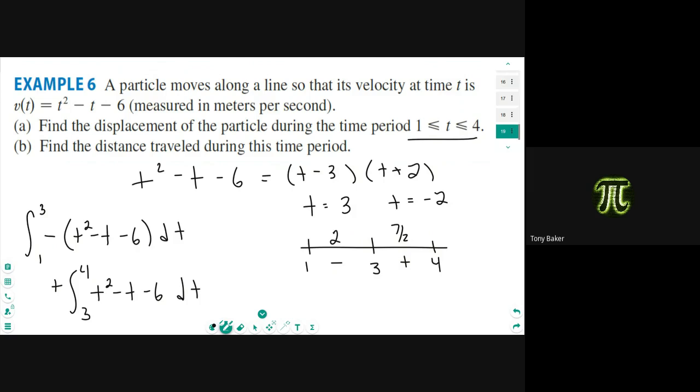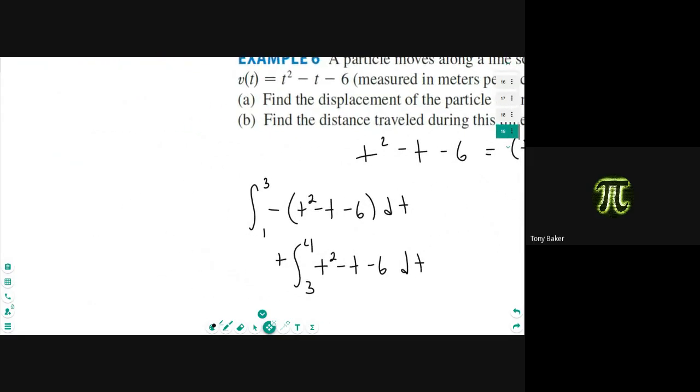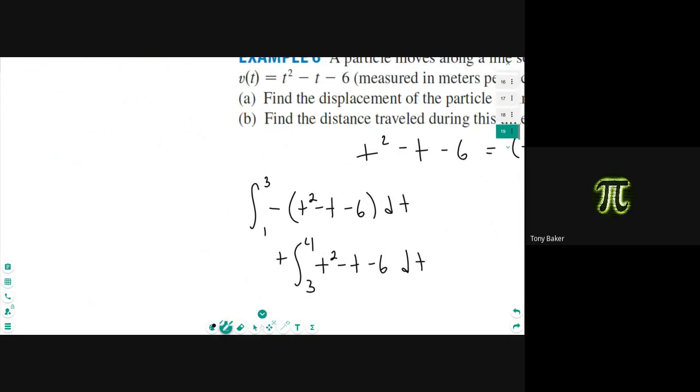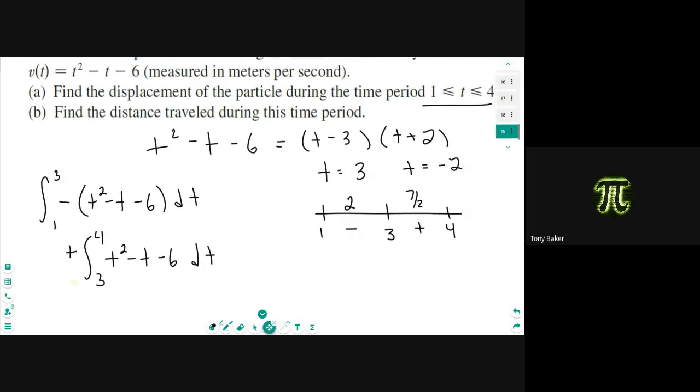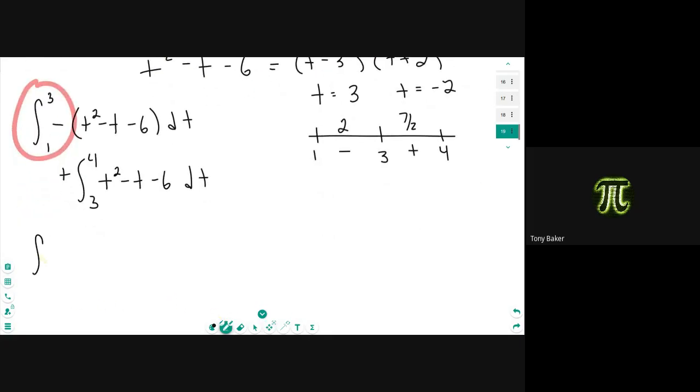If it's a negative sign, I can just swap the two limits, right? So I could actually take this problem right here and just change it to the integral from 3 to 1 of t squared minus t minus 6.